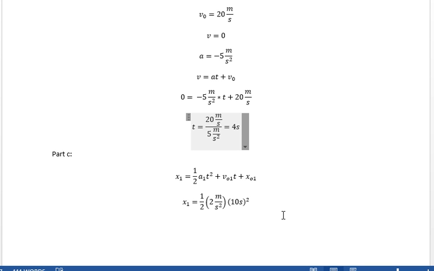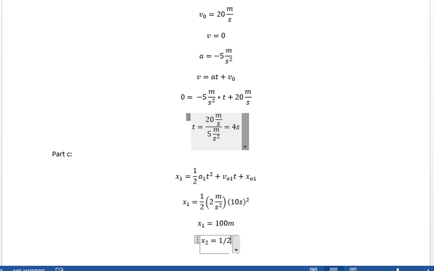So that is 100 meters, because 2 times ½ gives us 1, and 10 squared gives us 100. So in the first part of the problem, it goes 100 meters. How far does it go in the second part of the problem?